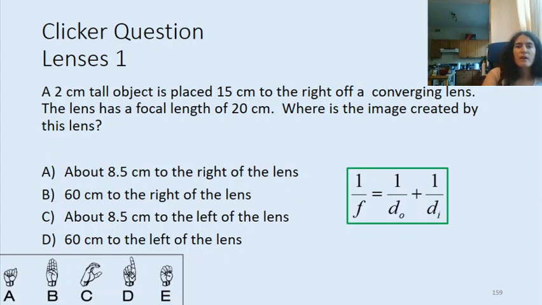So the focal length is 20 centimeters, so I would do 1 divided by 20, which is actually 0.05. The object distance is 15, so it's 1 divided by 15. So now I need to do 1 divided by 20 minus 1 divided by 15. So I'm going to punch that into my calculator.